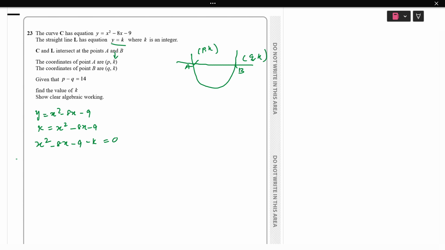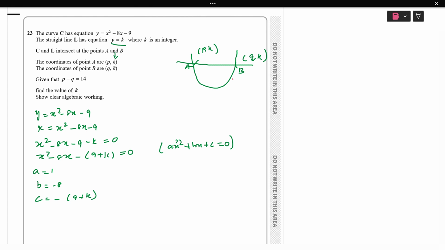I cannot factorize here to find the x values, but I can write x^2 minus 8x minus (9 plus k) equals 0. Comparing with the quadratic equation ax^2 plus bx plus c equals 0, a equals 1, b equals negative 8, and c equals negative (9 plus k).